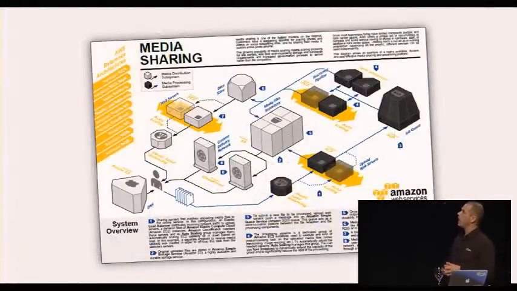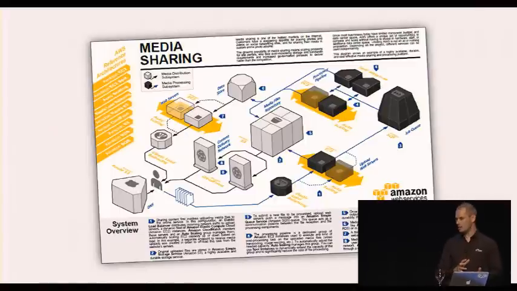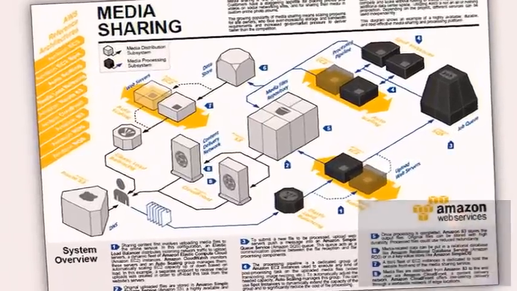Now, one of a large number of canonical or blueprint architectures that we publish in the architecture section of our website is media sharing. Let's see now how we can take the media sharing architecture and evolve it to add a search component.